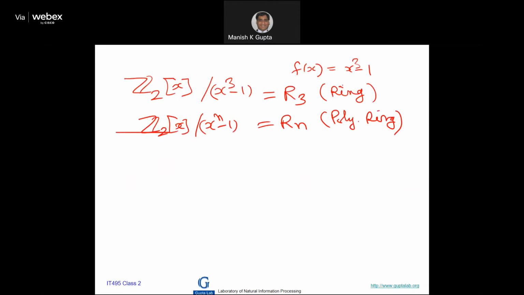So basically, our code I, equal to 0, 1 plus x, 1 plus x squared, x plus x squared, is an ideal of R3. Let me mention what the property of an ideal is.